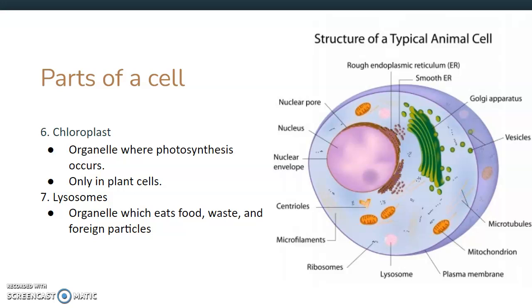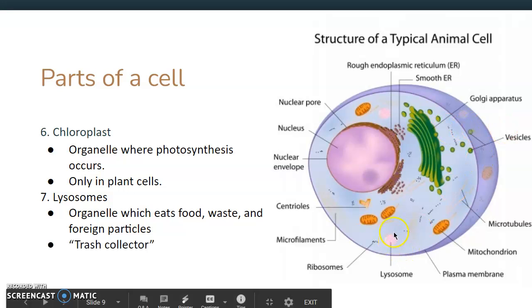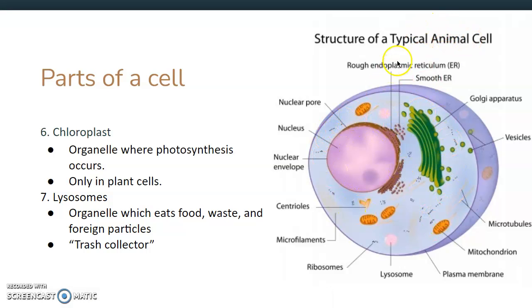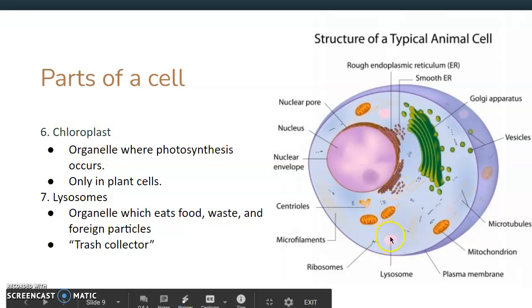The other important part or another important organelle is a lysosome. So a lysosome is the organelle which eats food, waste, or foreign particles. So I like to think of these as our trash collectors. So we can see in this animal cell, we don't have any chloroplasts because it's an animal cell. Only plant cells have that. But we have this little clear organelle down here called a lysosome.